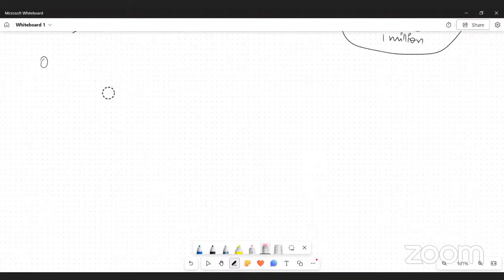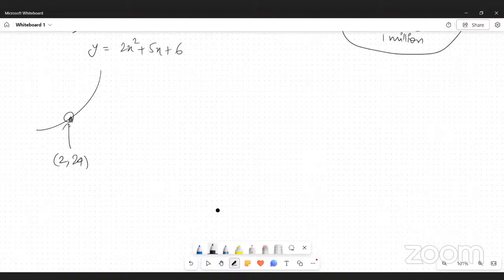Okay, so moving ahead. The curve that she gave me was this. I'll take this point 2 comma 24, and I'll assume this point to be x comma y, or y I can also write in the form of x only.